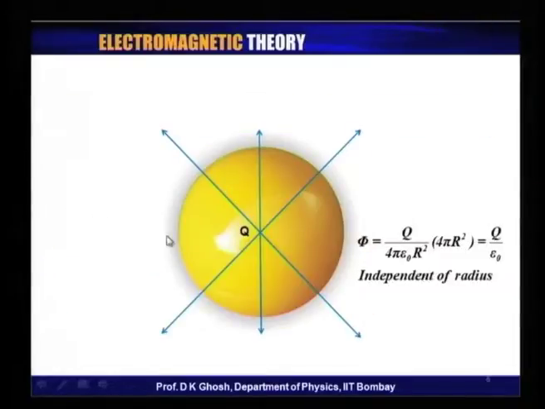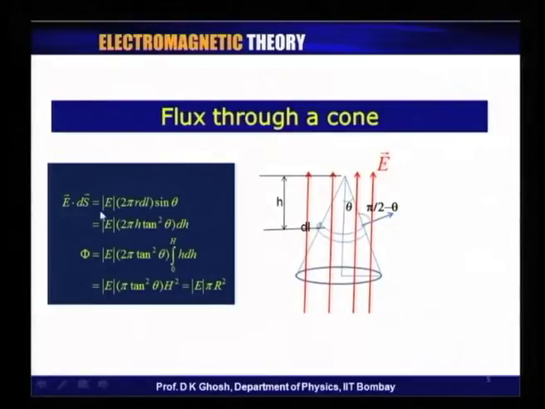What is E dot ds? The E dot ds is of course the magnitude of E times the area of that strip, which is equal to 2 pi r, because r is the radius there, times dl, which is the slanted width.